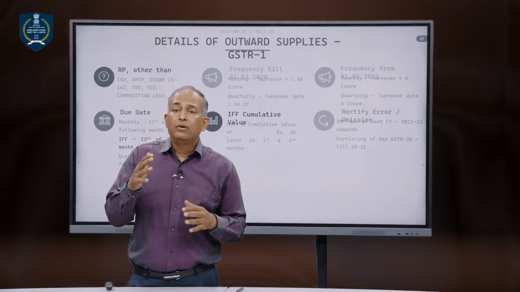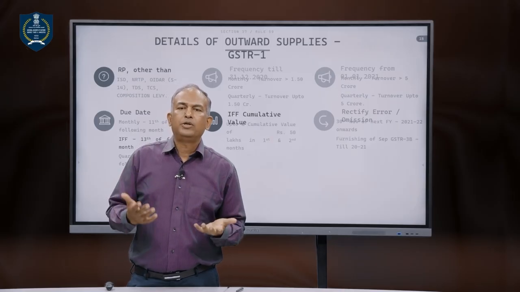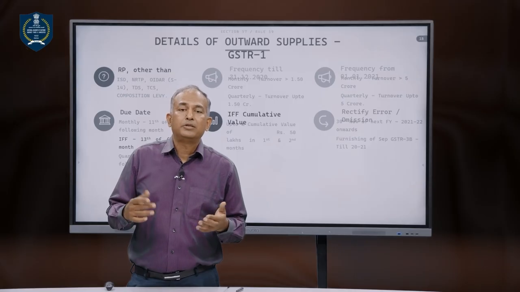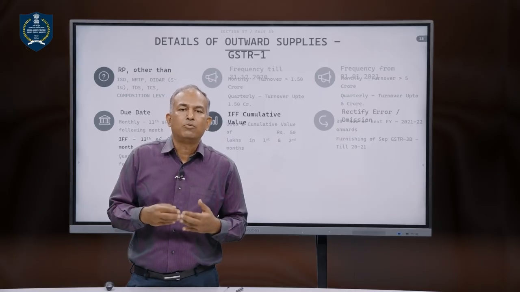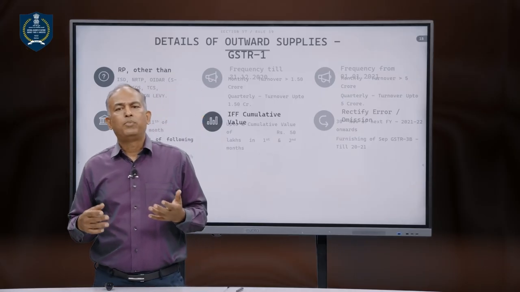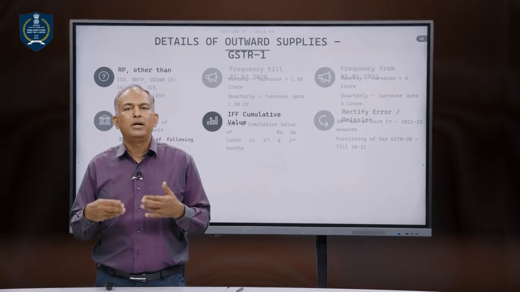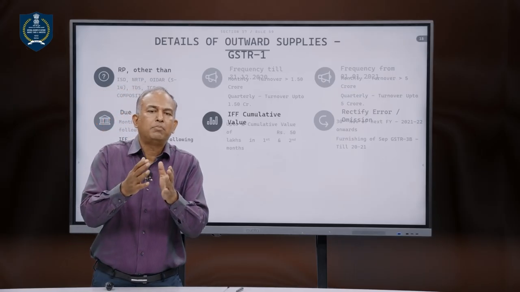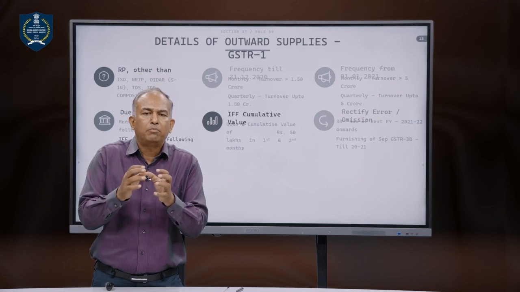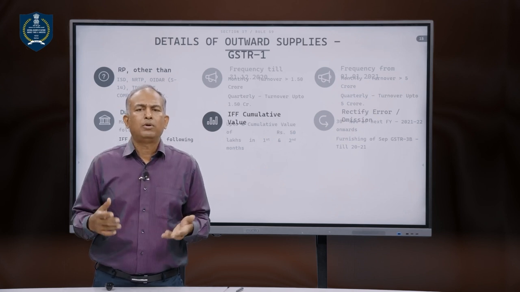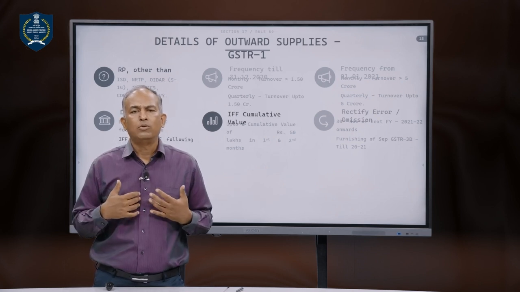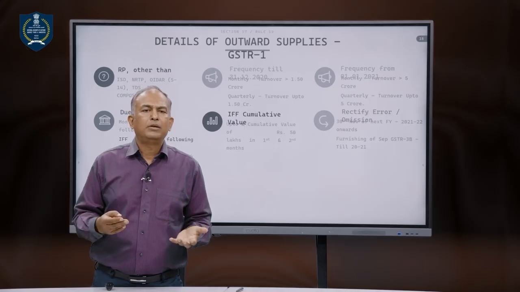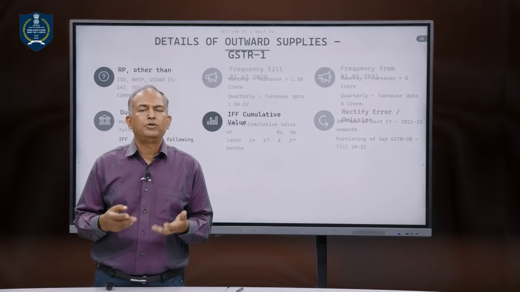Now, if he has already filed his GSTR3B and he realizes that he has made certain mistakes in the GSTR1, Section 37 permits a taxpayer to amend the details pertaining to the data that is entered in a particular table in a particular GSTR1. So, for example, what am I trying to tell you? I have made certain errors in April 2025 GSTR1.